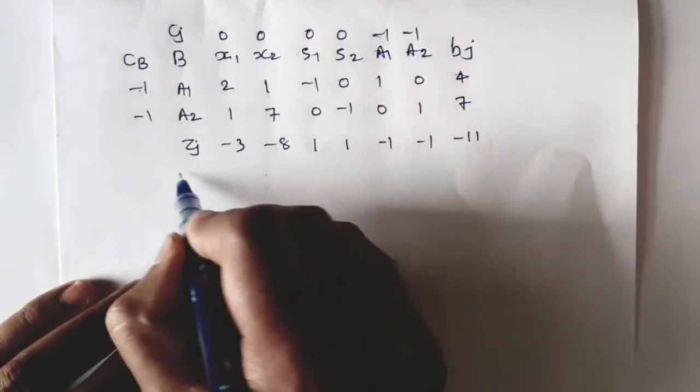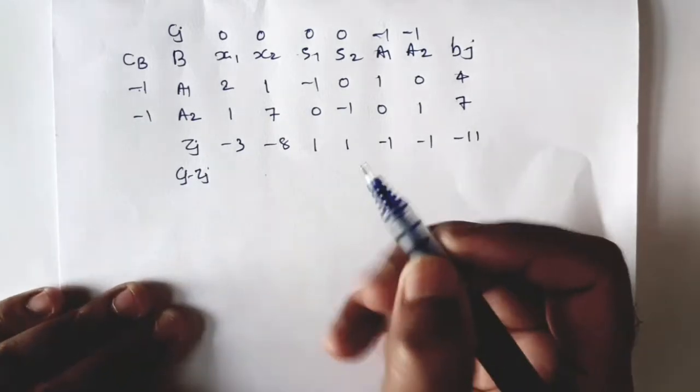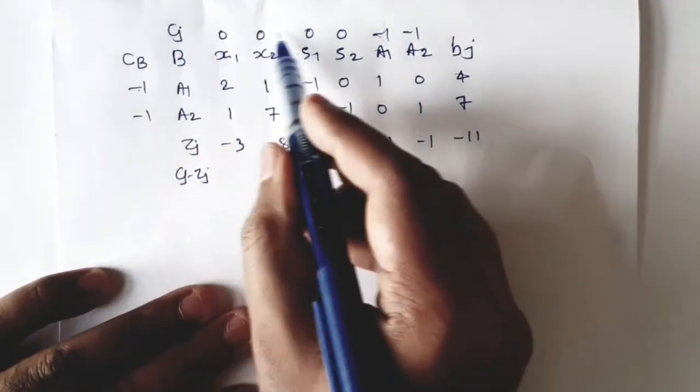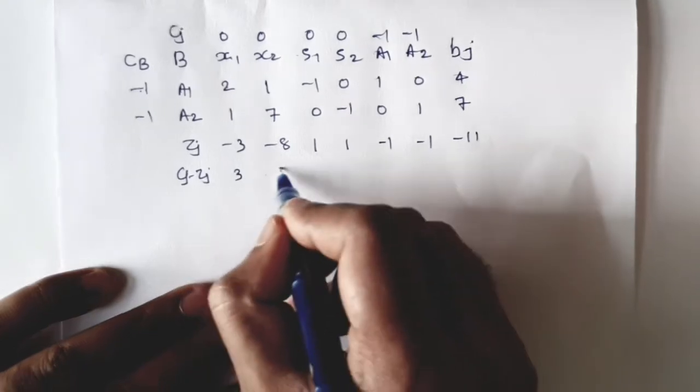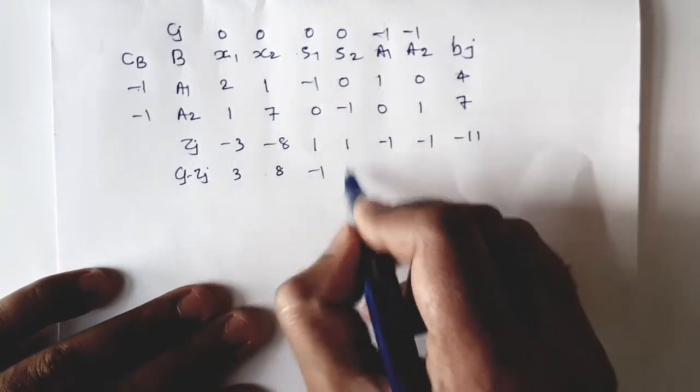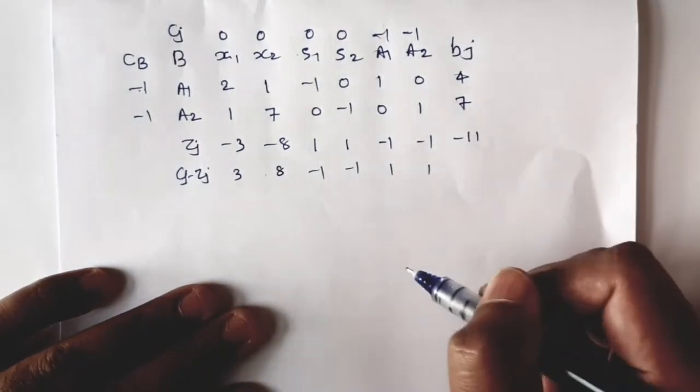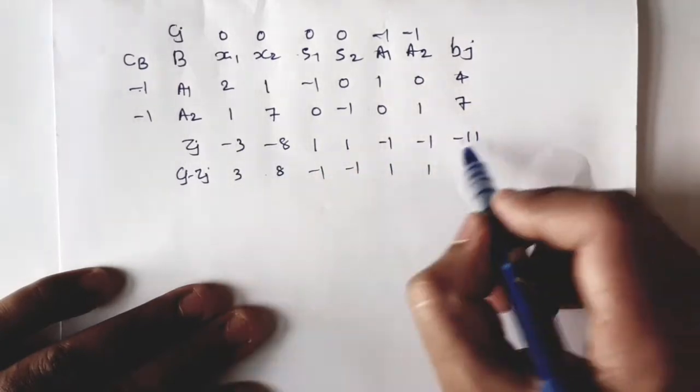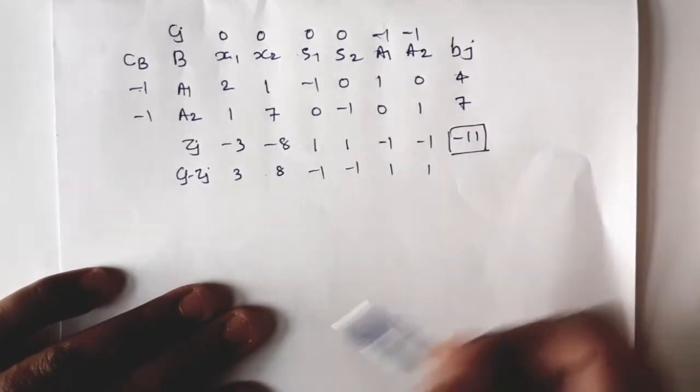Now calculate Cj minus Zj. Cj is 0 here, so it is 3, 8, minus 1, plus 1 and plus 1, and the value of the objective function is minus 11.